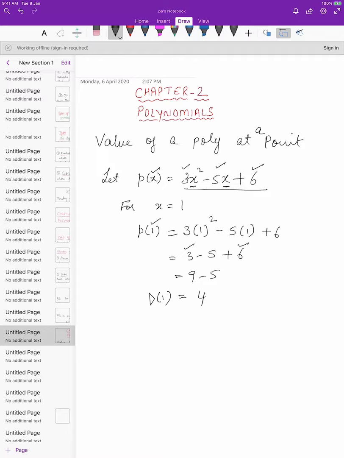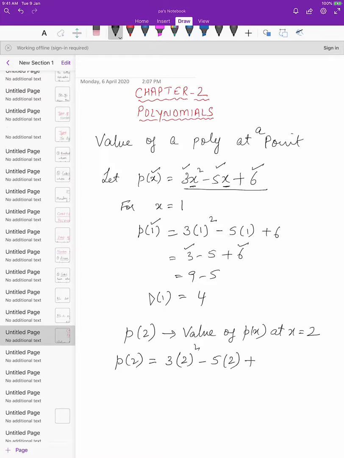Similarly, suppose if I write p of 2, what does it mean? This would mean value of the polynomial p(x) at x is equal to 2. And how will you find out p(2)? Simply by putting the value of x as 2 in the entire polynomial, because that is a variable.